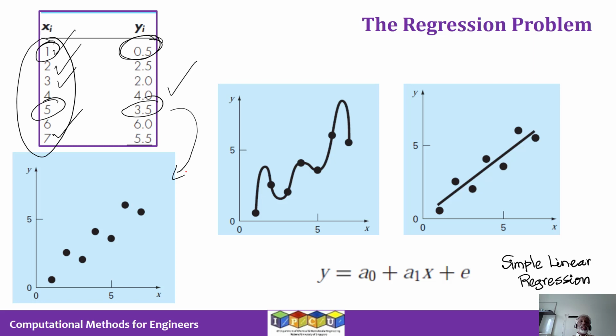What somebody can hypothesize based on this is that the relationship between x and y is linear, and somebody could eyeball it and draw a best fit line like that, or use a computer program or whatever to find out the equation of this line, and that equation of the line will serve as a model for the system.